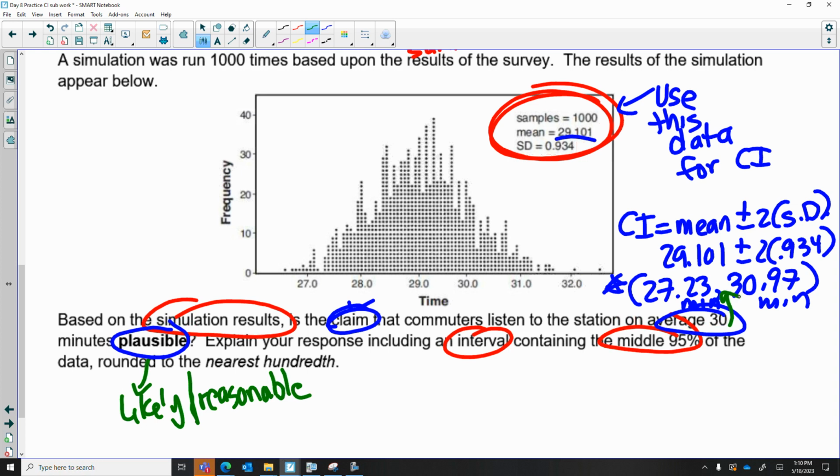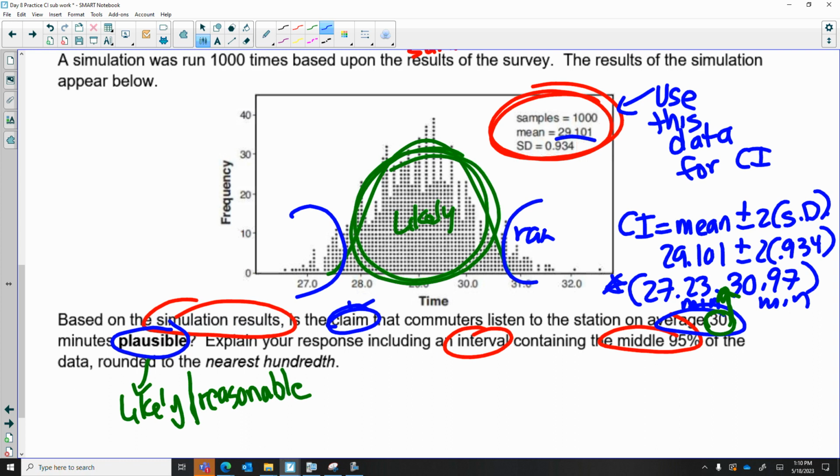And the answer you should be saying is yes, because 30 minutes is within the interval, it is likely. Remember, if it's in that middle chunk, it is likely. If it is in the tails, it is rare or unlikely. So 30 is within the interval, thus it is likely.